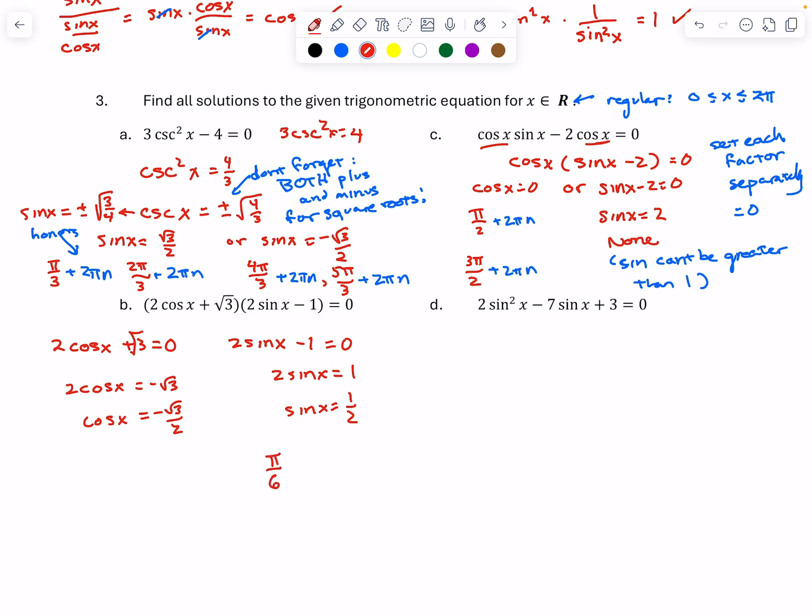And the other quadrant where the sine is positive is second, so 5 pi over 6. And again, cosine is negative root 3 over 2 at 5 pi over 6, which is a duplication. And second and third quadrant is where cosine is negative. So this will be a slightly different one.